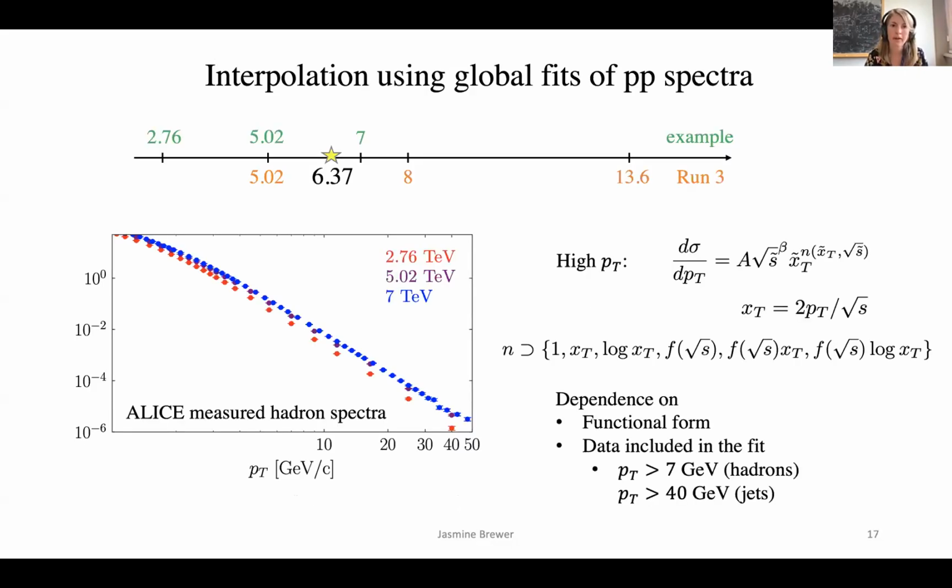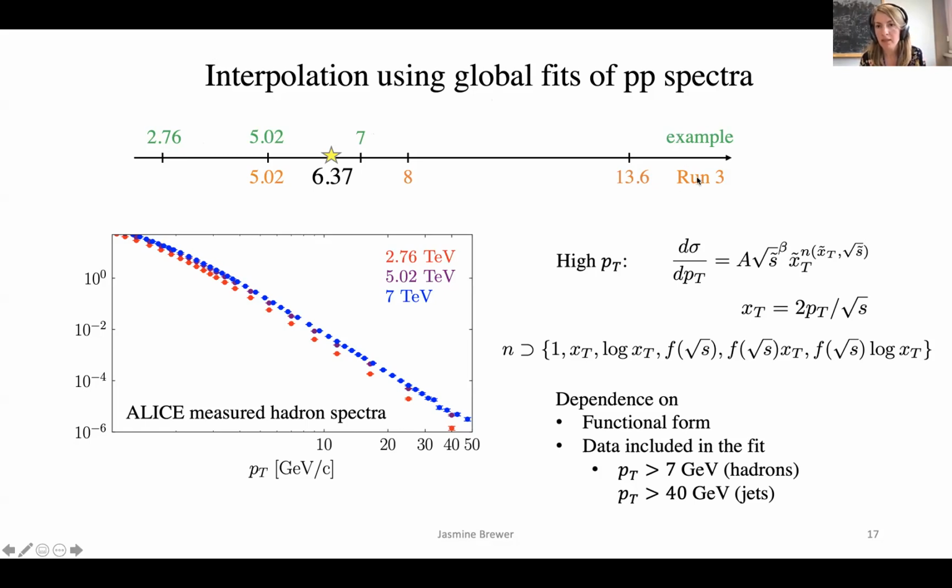Just to clarify, what I'll be talking about is an example based on measured Run 2 data at 2.76, 5.02, and 7 TeV. But this is purely an example based on the fact that we have access to these measurements and therefore can actually use the data.